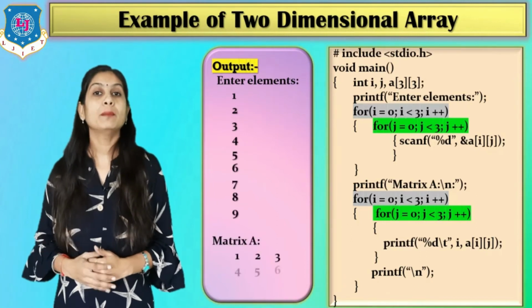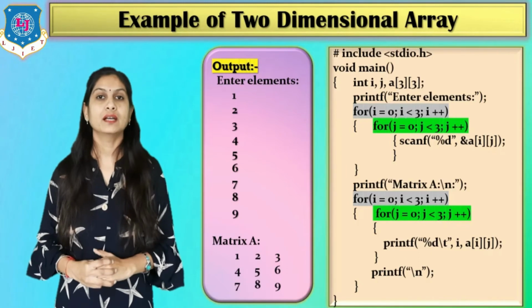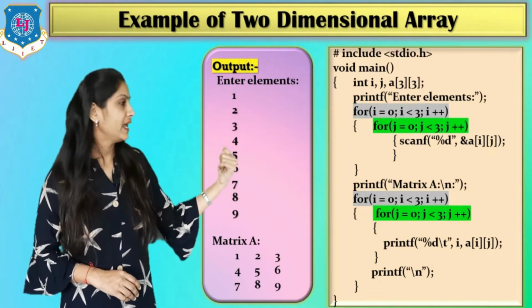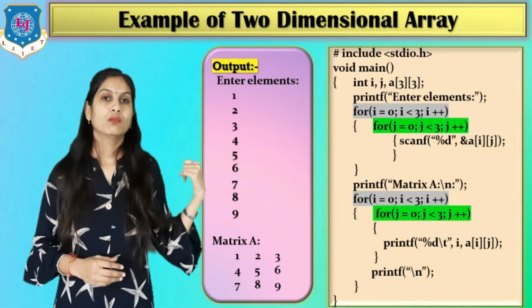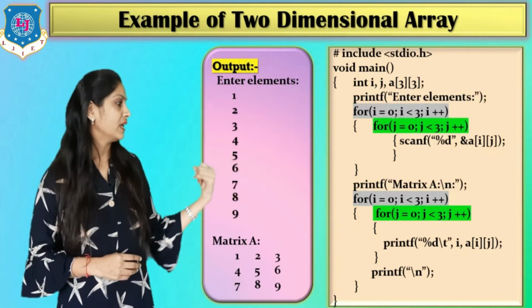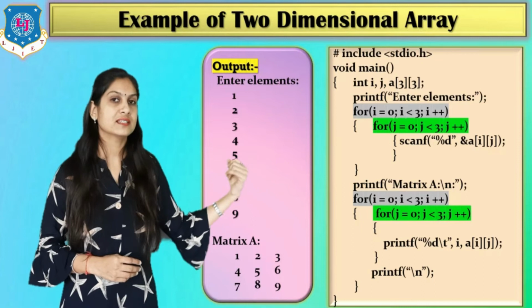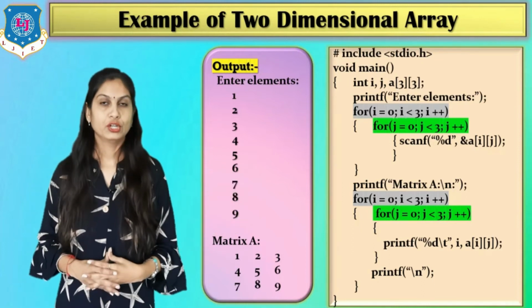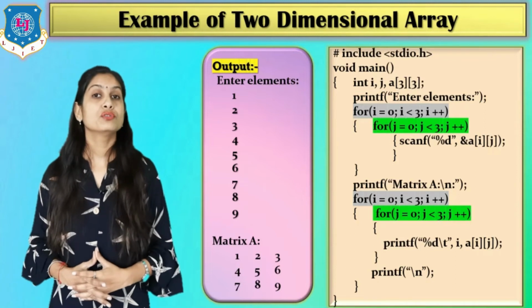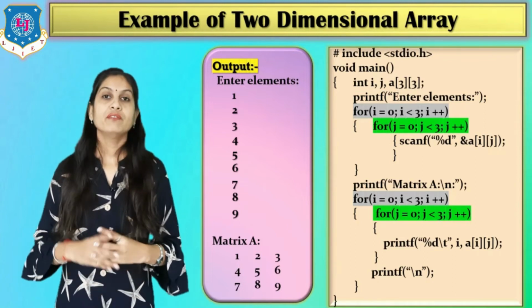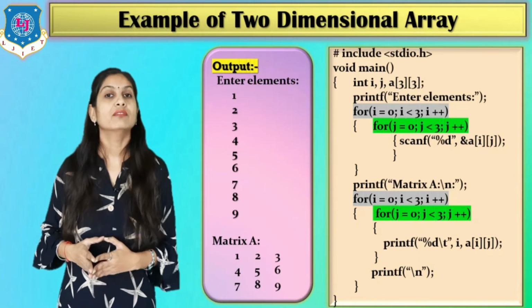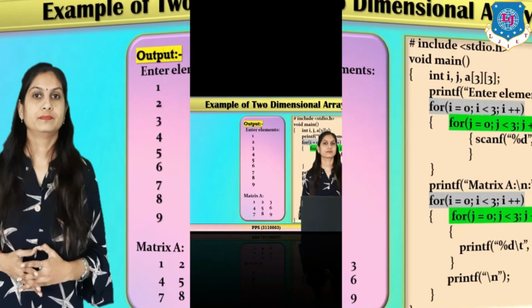Then the output will be displayed the same but in matrix form: matrix A equals 1, 2, 3 in the first row, then 4, 5, 6 in the second row, and then 7, 8, 9 in the third row. Clear? So this is about the two-dimensional array. We will see more about this two-dimensional array in our practical session.